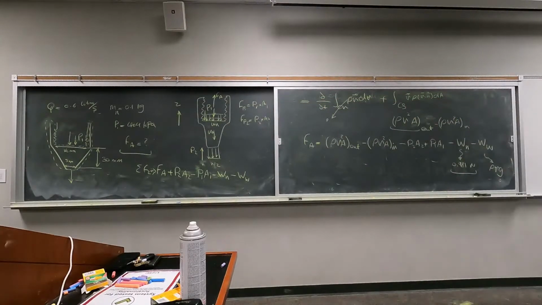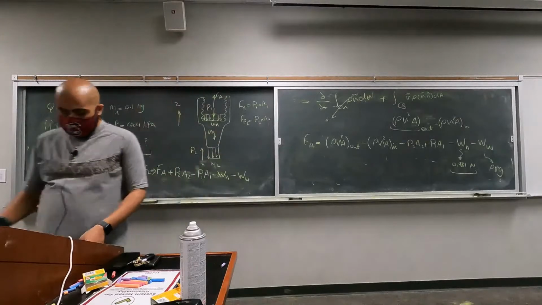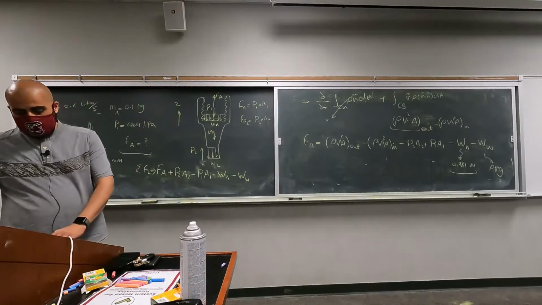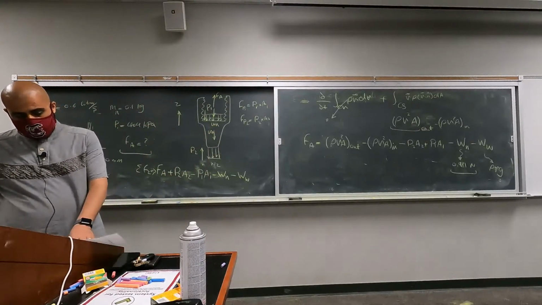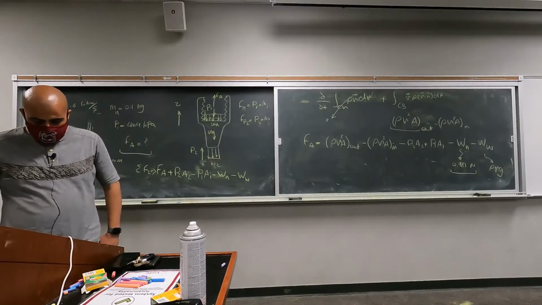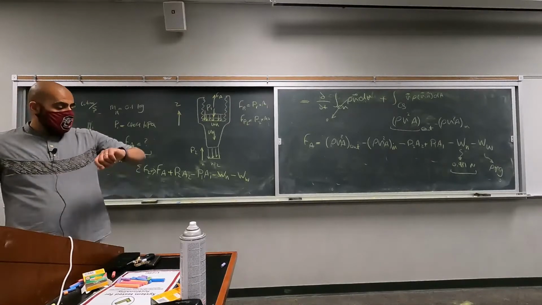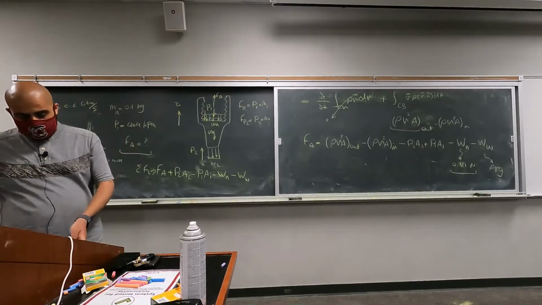And pressures are given to us. Everything else is given to us. We can just plug them in and find the final anchoring force, which is going to be equal to 77.8 newtons. I'm not going to go over the derivations.